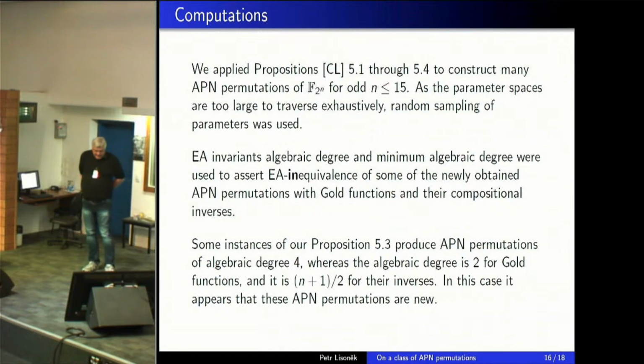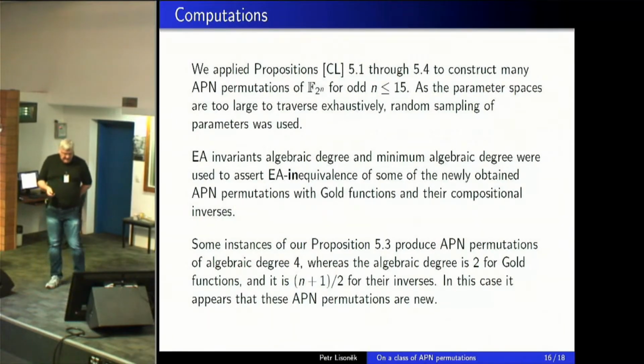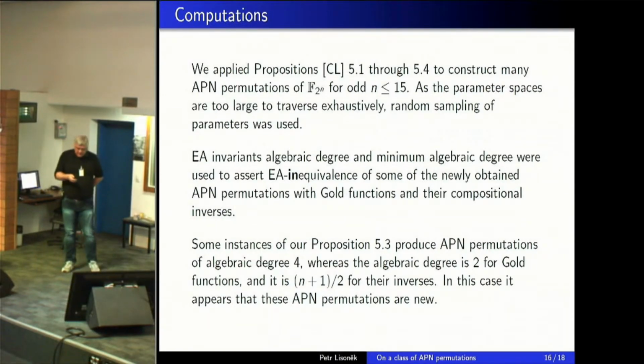So when n is greater than 3, the 4 will be different from both of these values, and therefore these APN permutations of degree 4 are not EA equivalent to Gold or Gold inverse.